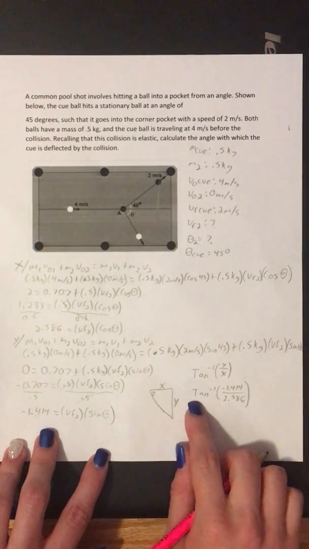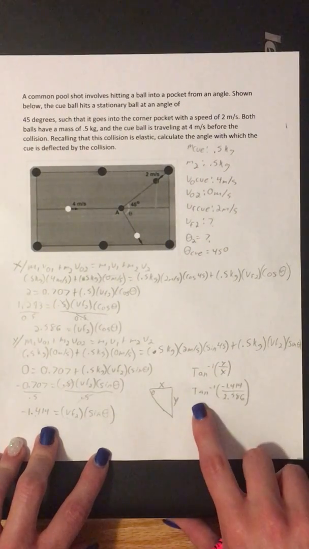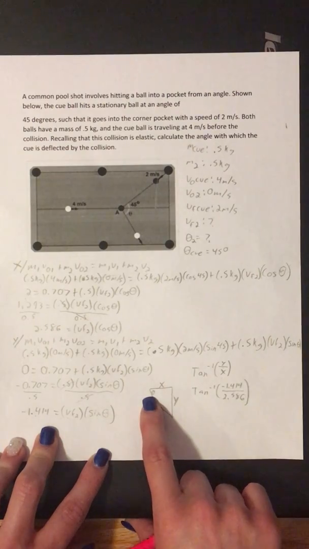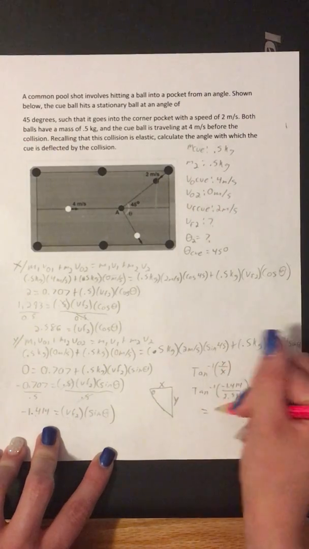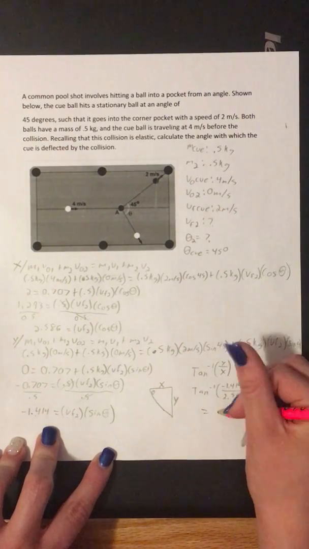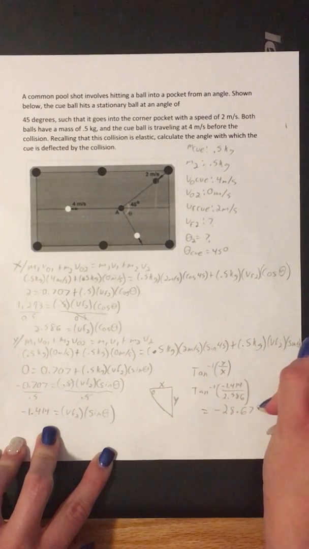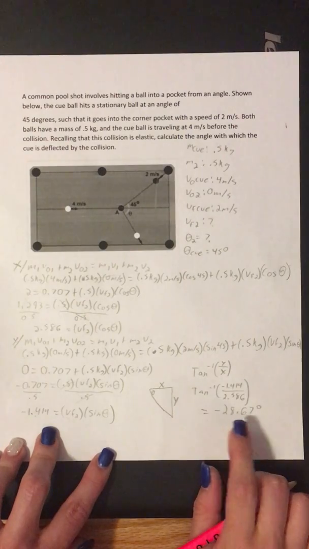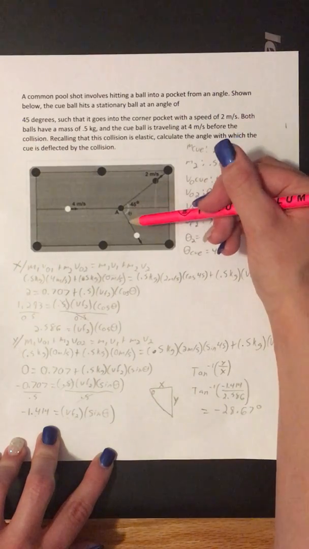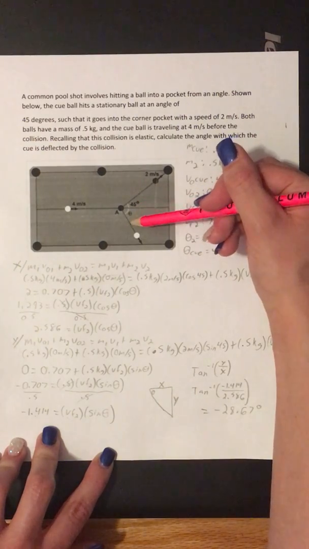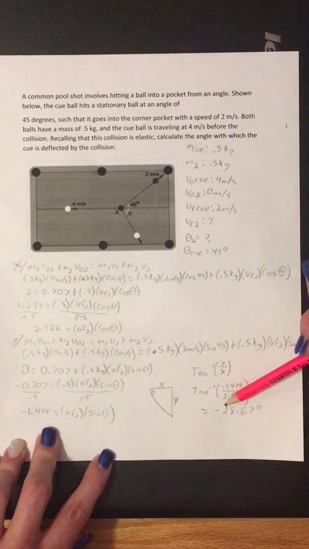Okay, so now since we have some numbers that we can put into our equation to actually find the theta, we can solve. So this here is all equal to minus 28.67 degrees. So we know that this is right because the theta here is going in the downward angle, so that means that it has to be negative, which it is.